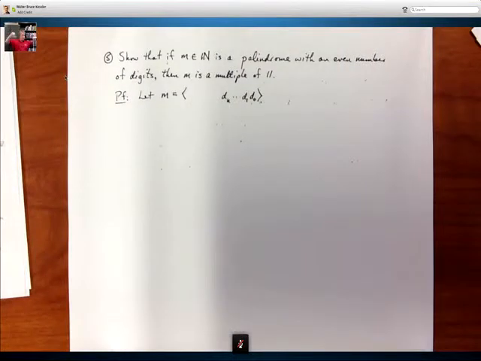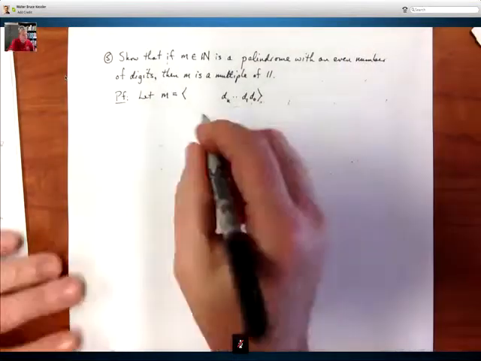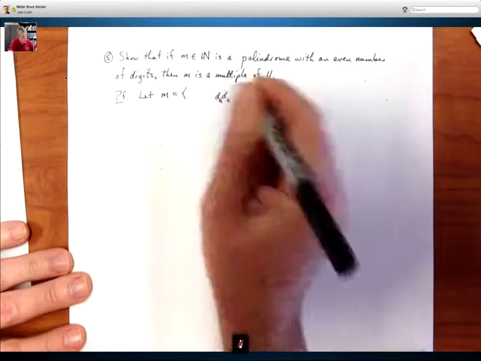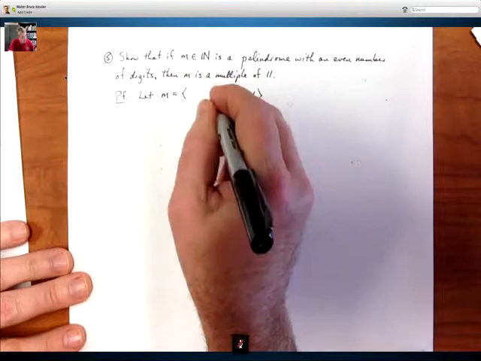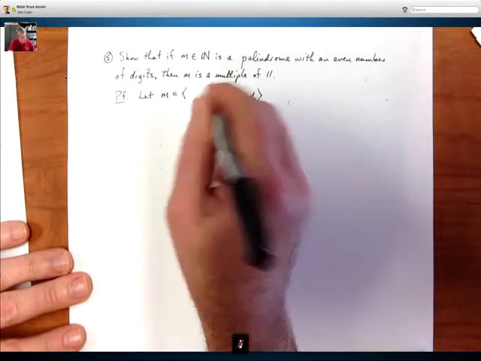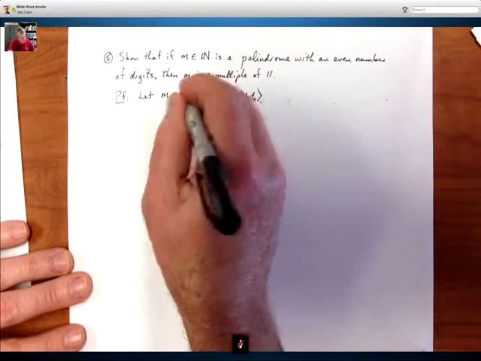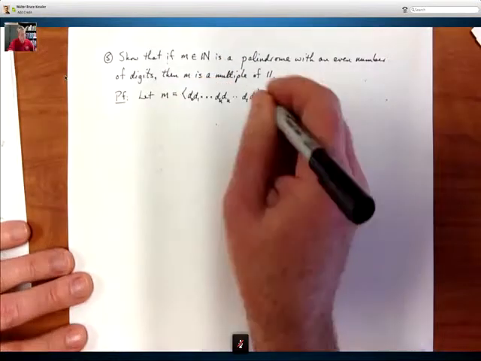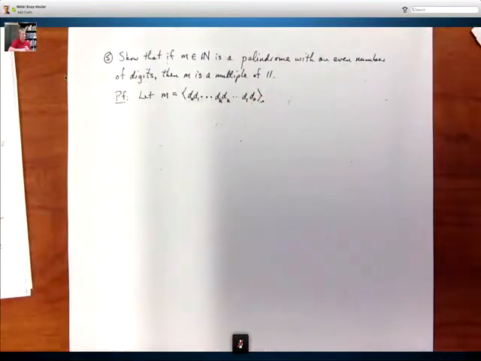But if this thing is 2k long, then the rest of it has to match up with this. So again, you repeat the d sub k, and then on down to d sub 1 and d sub 0. Okay, that makes m then a palindrome with an even number of digits.